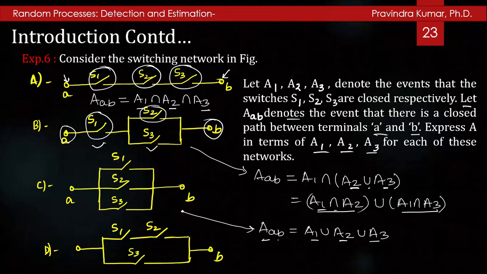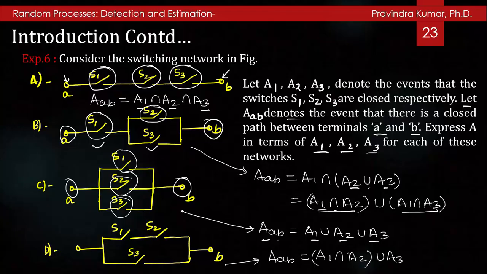So this means for making a closed path between points A and B, S1 should be closed, or S2 should be closed, or S3 should be closed. Either one of these three switches should be closed to make a closed path between A and B. And in the fourth part, AB will be A1 intersection (A2 union A3).